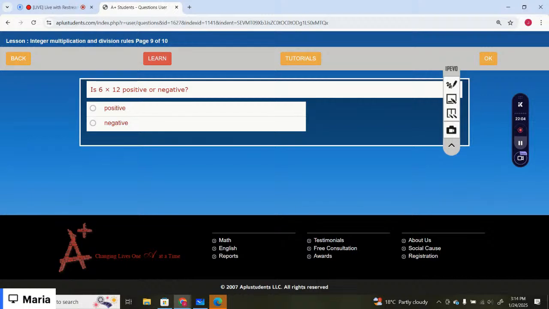Positive it is, right? The correct option is positive because both the numbers are positive. Very good.